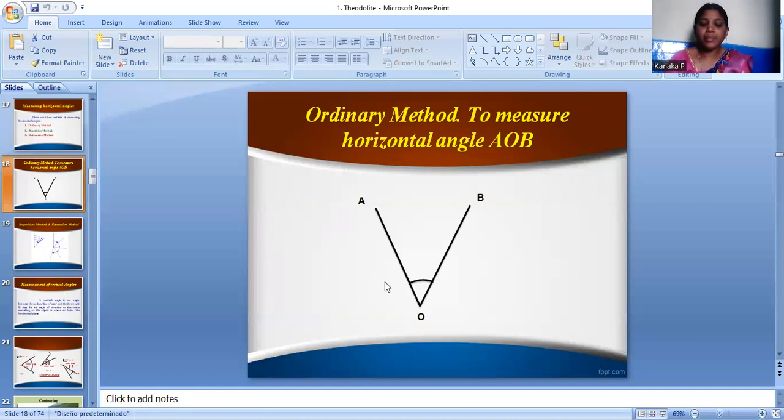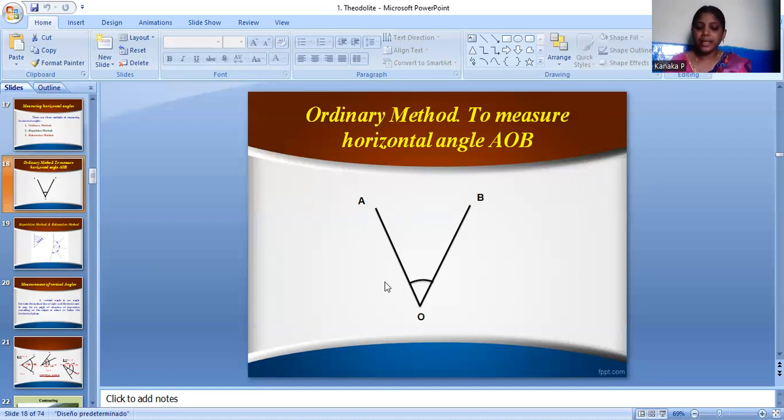Keeping the lower clamp fixed, the upper clamp is loosened. The telescope is turned clockwise and the ranging rod at B is roughly located. The upper clamp is fixed and the tangent screw is operated to bisect the ranging rod at B accurately.